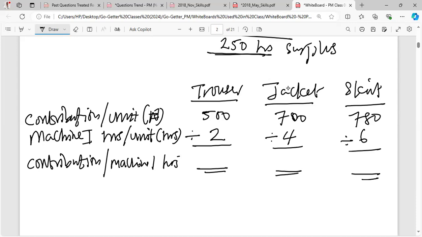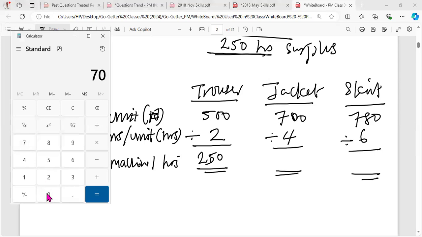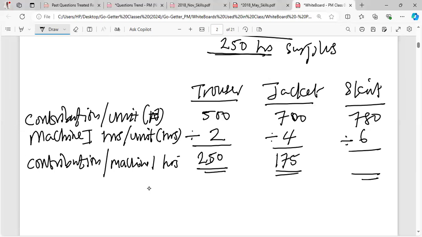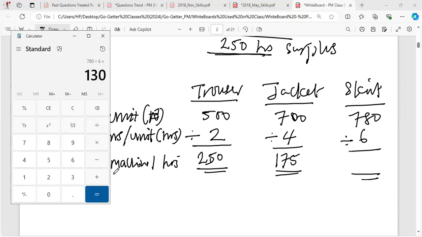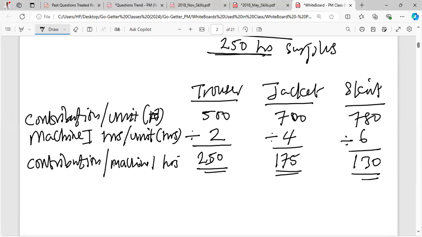So of course, 500 divided by 2 will give me 250. 700 divided by 4 should give me 175. Then 780 divided by 6 should give me 130. Okay.